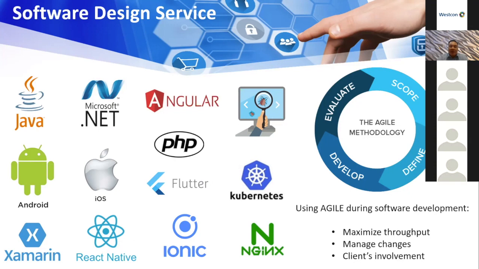And in terms of hybrid mobile, we have used Flutter and Ionic. We have also used new technologies such as Kubernetes and Nginx as part of our software development. And of course, the trend now is that when we do any software development, we use the Agile methodology. Basically, by using Agile during our software development, we maximize the throughput, manage changes, and also clients' involvement.